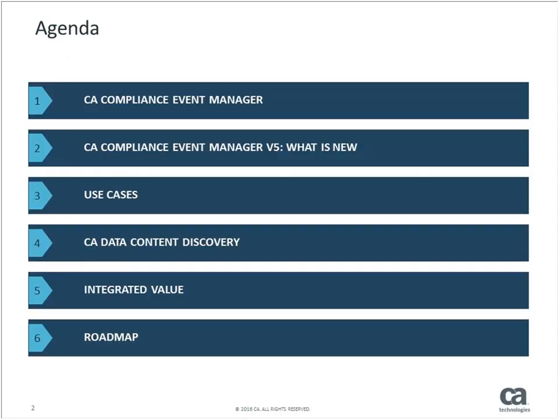Then I'll introduce another part of our strategy in our platform with data content discovery and introduce what we call data-centric security to the CA Compliance Event Manager solution. We'll talk about what we do and the integrated value if you have and use both of these products. And then finally, I'll close it off with a little bit of roadmap and some things that are coming down the pipe.